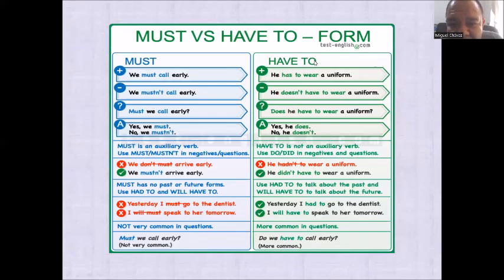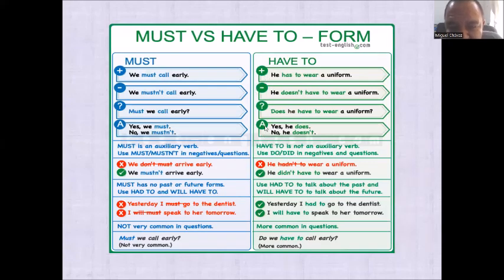Have to, remember that we use the auxiliary verb do or does in present. We are going to use do or does, the auxiliary verb, in negative, questions, and short answers.